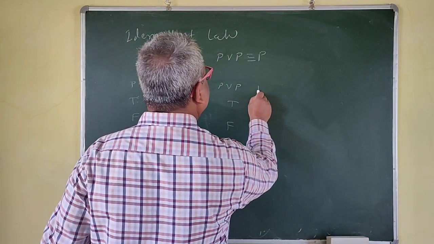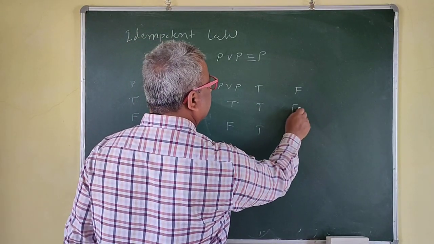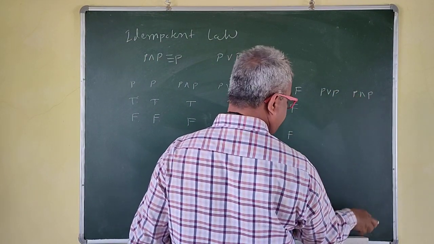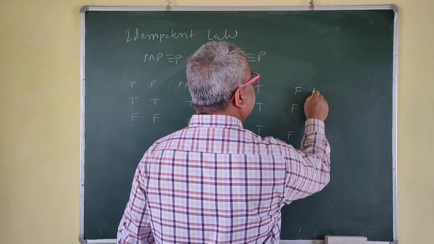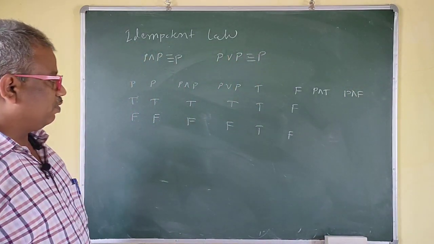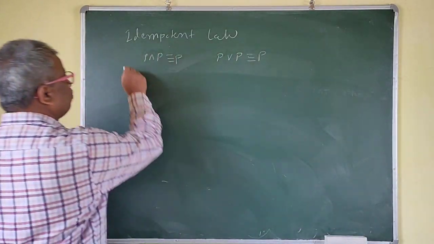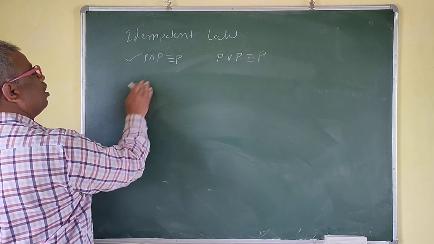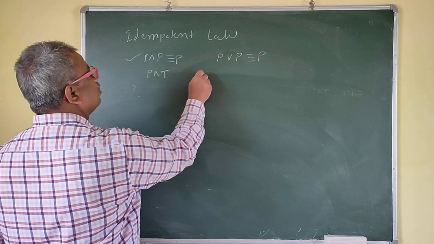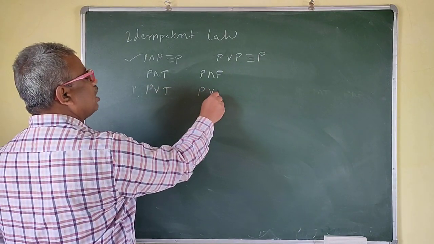Right? Now for tautology and falsity. Tautology means T, and false means F. So what are P and T, P and F, P or T, P or F?